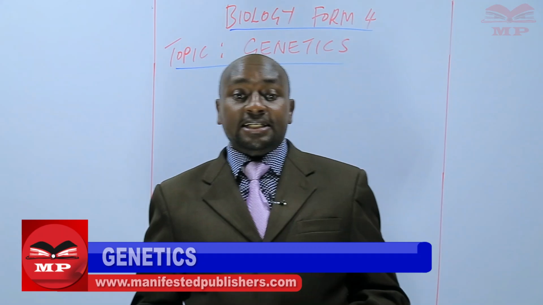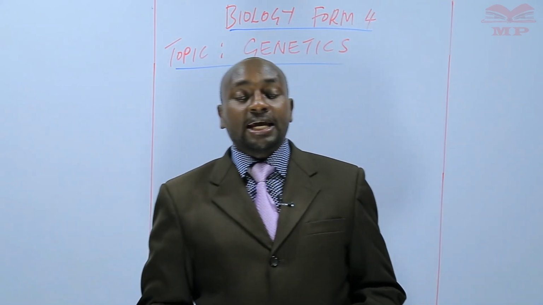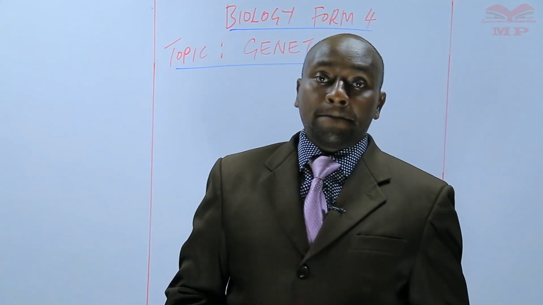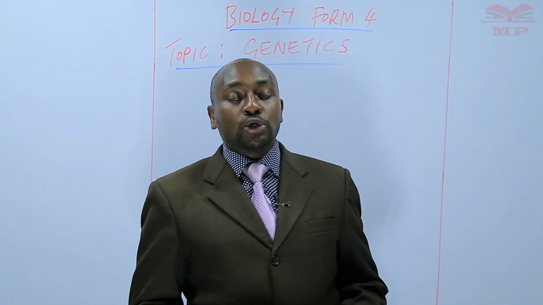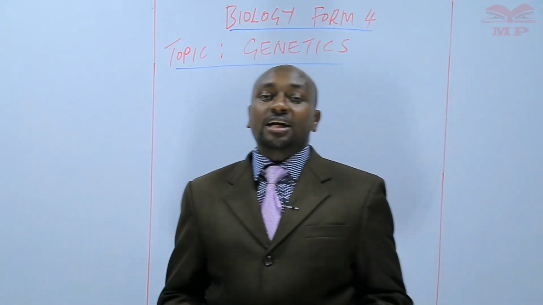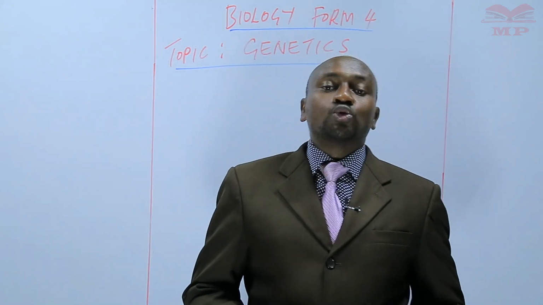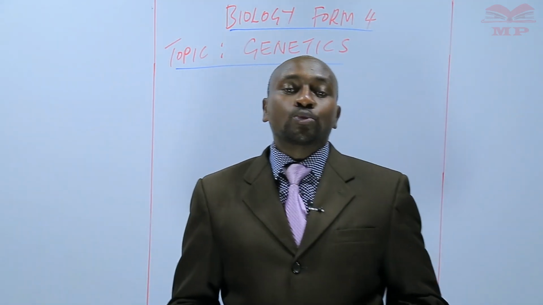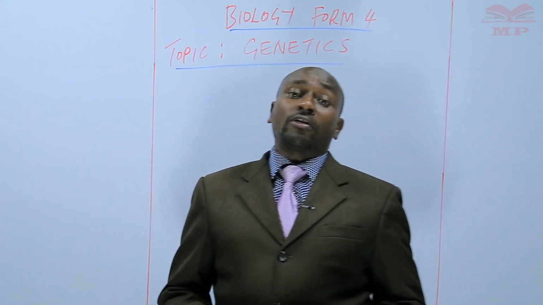We are discussing genetics. In our previous lesson, we learned about inheritance of A, B, O blood groups, and today we are going to discuss how to show genetic diagrams of blood groups, or how to predict the blood group of the offspring given the blood group of the parents.